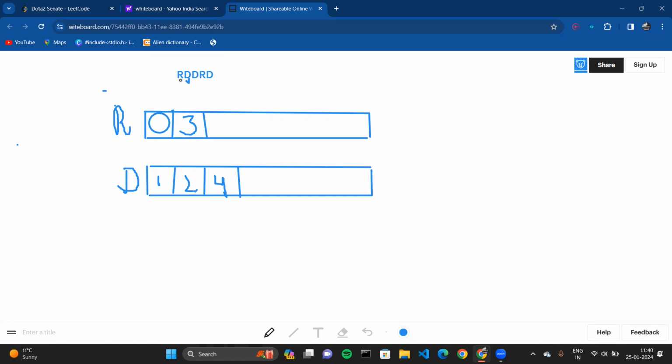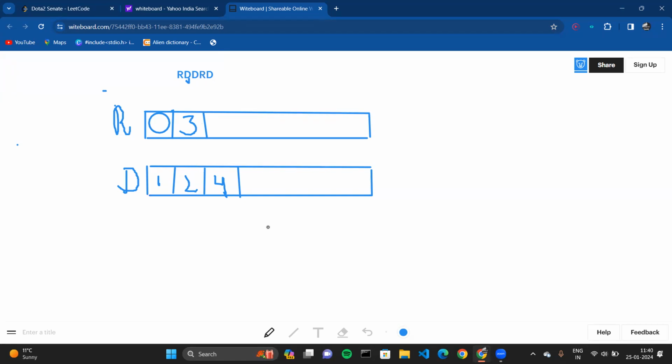So, if I am at this position, I can take one of the D's voting rights, or if there were no D's, then we can simply declare R as winner. So, how can we solve this problem?